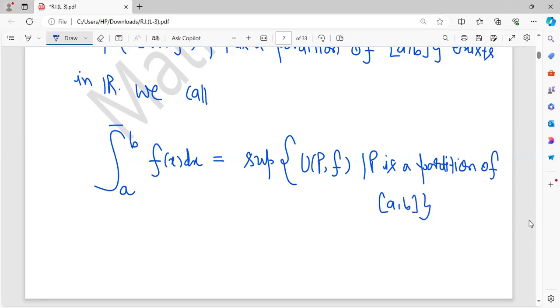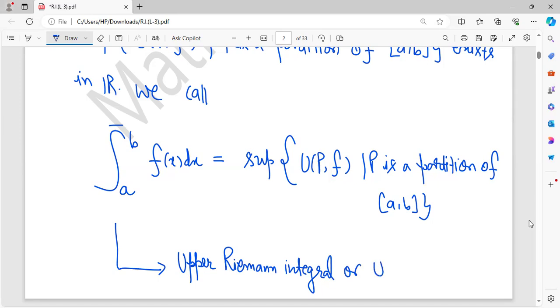Because this exists in R, I am calling it the upper Riemann integral, or just the upper integral.